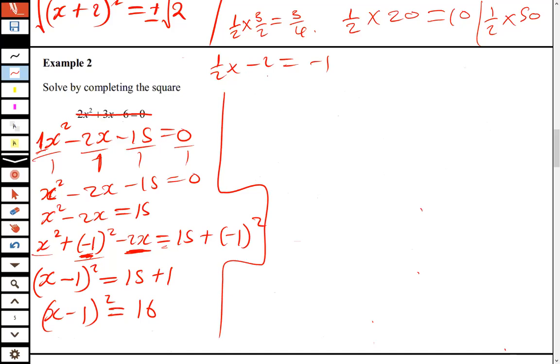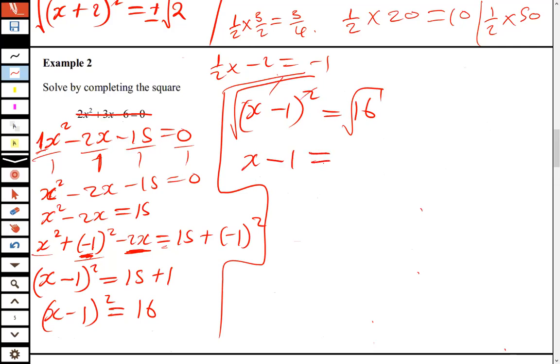The square root of this side, we also find the square root of that side. The square and the square root cancel, so we just remain with x minus 1 is equal to the square root of 16. This side was supposed to have plus or minus. The square root of 16 will be plus or minus 4.